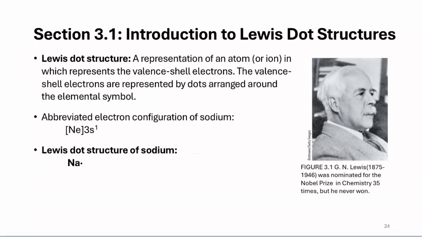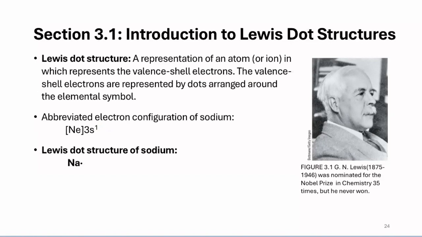So for example, if we look at the number of valence electrons found in sodium, we could use the noble gas configuration, and we can observe that there is one valence electron. And how we illustrate it is by writing a single dot next to the element symbol.